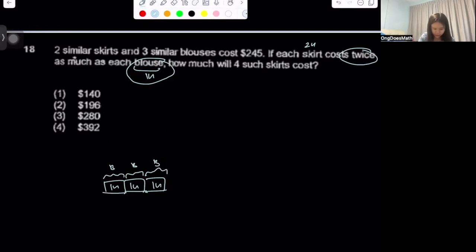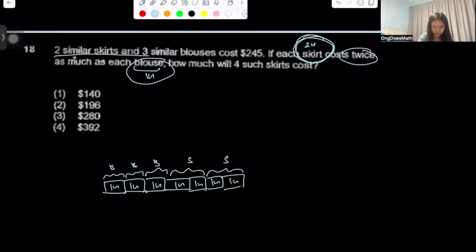Now she bought 2 skirts. So we know that 1 skirt costs 2 units. And she didn't just buy 1 skirt, she bought 2 skirts. So another 2 units is another skirt. And they tell you 2 skirts and 3 blouses, $245.